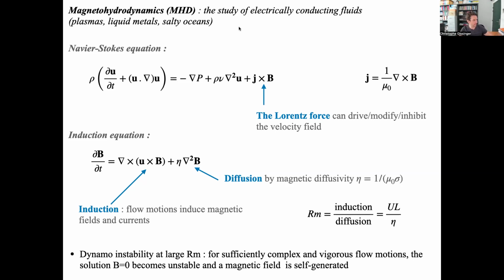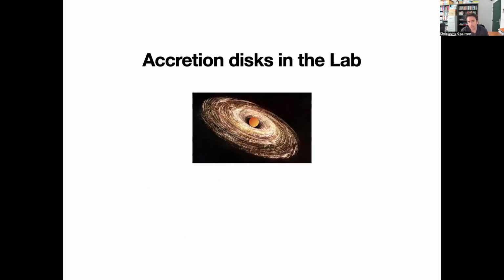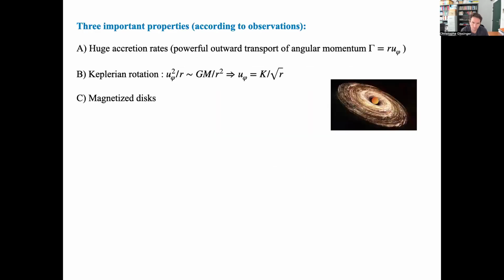In this case, the problem becomes complicated because the magnetic field will react back on the flow motions, and you have a nonlinear complicated problem. That's basically what we have for our MHD system. My talk won't discuss too much about dynamo except at the end, but it's good to have that in mind. So that's a very short reminder of what MHD is, and now I will discuss more about accretion disks in the lab.